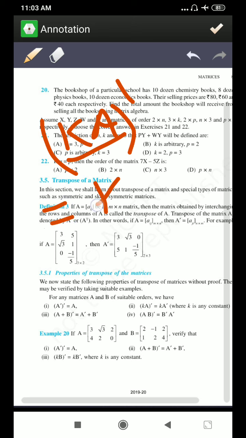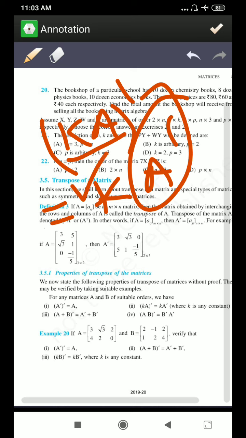It will be equal to K into A transpose. You first take the transpose and then multiply by K. It is one and the same thing. Whether you first multiply the matrix by a number and then take the transpose, or take the transpose and then multiply by the number, you are going to get the same thing. This is property number 2.